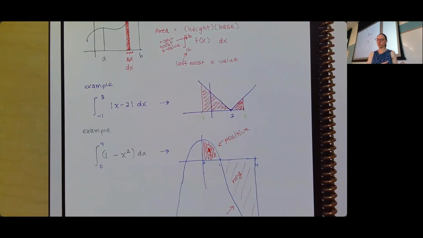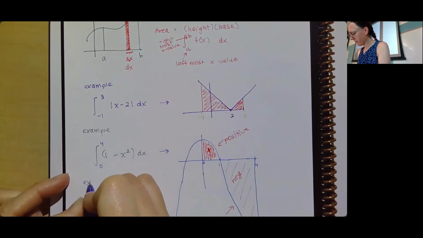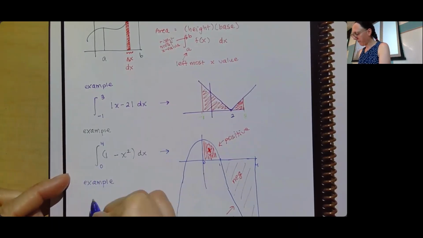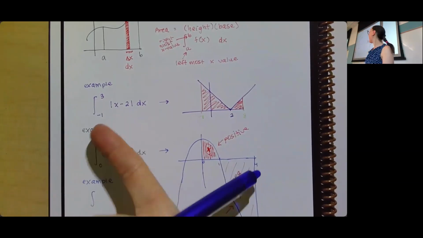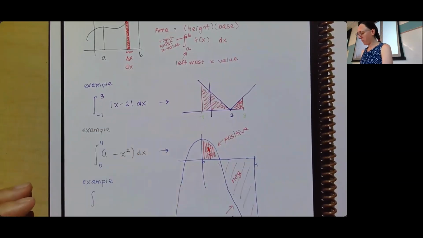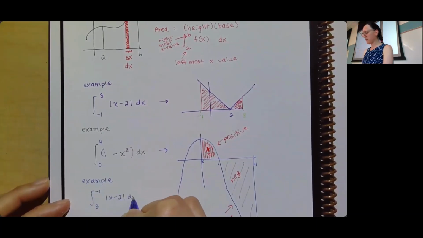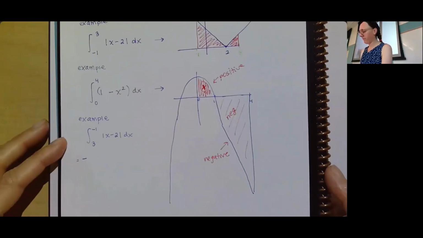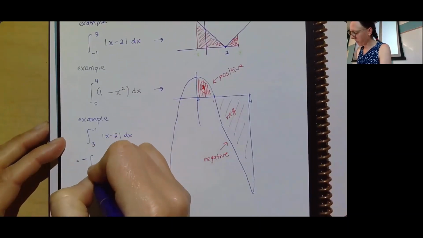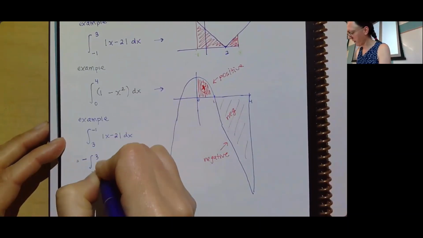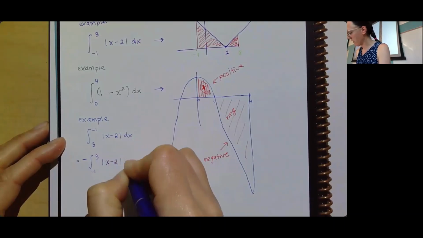But if I write my integral to go backwards, meaning, looking back at that first example, if I were to instead write this as the integral from 3 to -1 of the absolute value of x minus 2 dx, this is equivalent to the negative of the integral from -1 to 3 of the absolute value of x minus 2 dx.